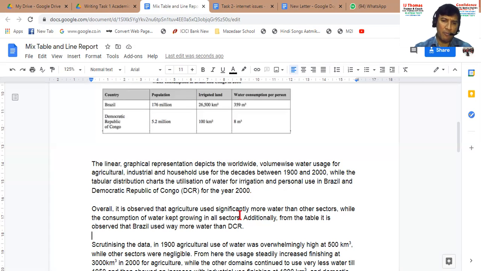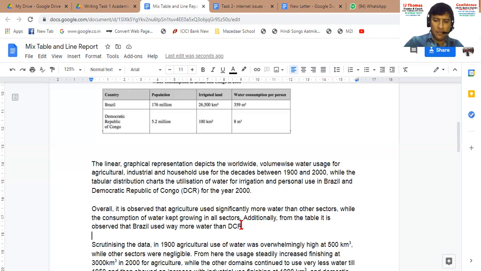See, why did I put DCR? Yeah, short form, because you have mentioned it in the introduction. So the introduction should take care of all your abbreviations. You should put all the units, everything, so that you don't have to waste time writing out such things in your next paragraphs.